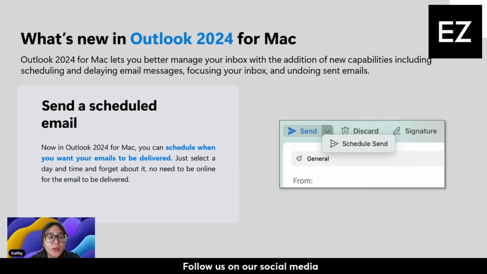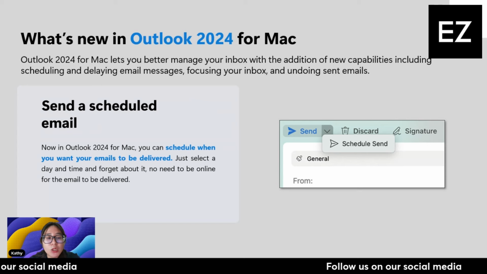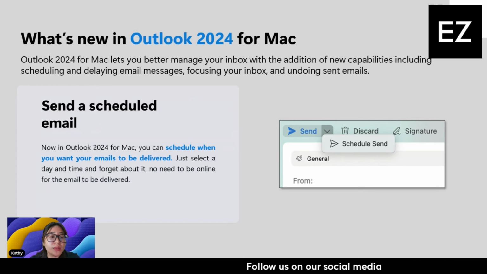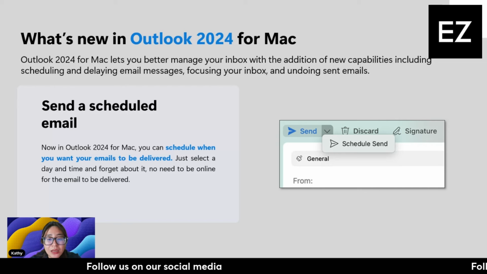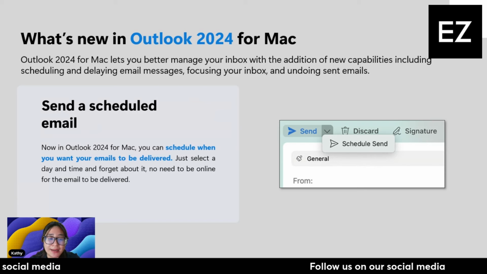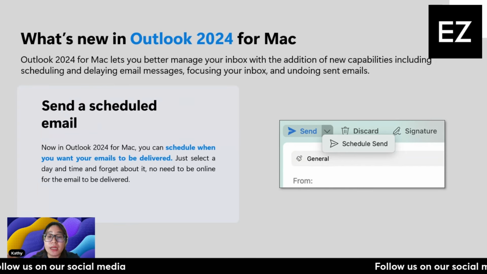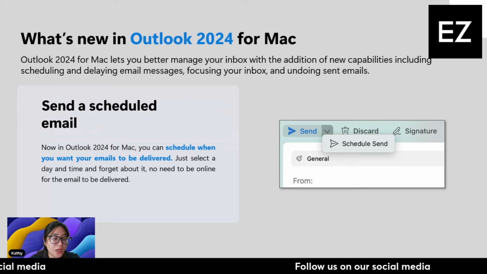With the new Outlook 2024 for Mac specifically, you can actually schedule when you want your emails to be delivered. So instead of directly clicking send, you click the arrow drop down, schedule send. Select your time, select your date, and everything is there.